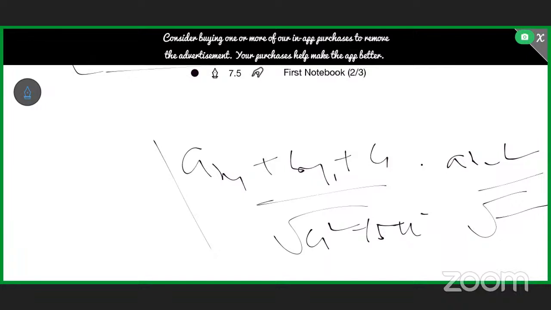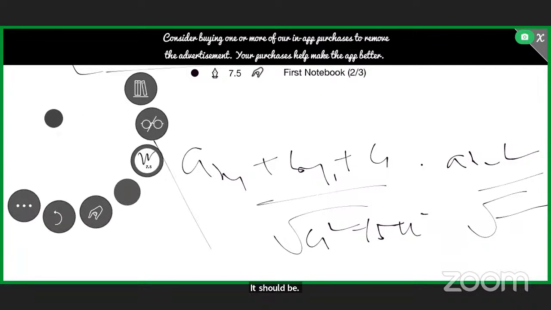So you should be thorough with all those formulas. That's what you have to do.